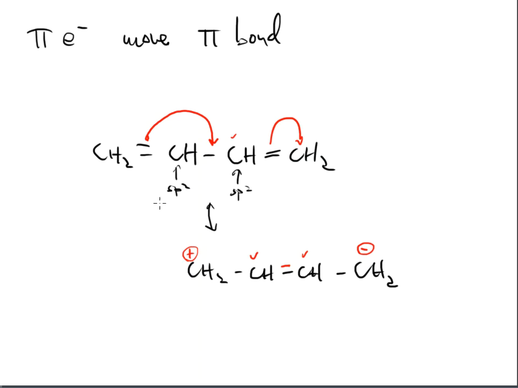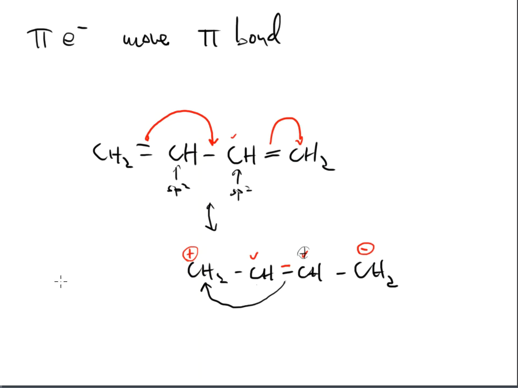Because look at what happens here. Rule number 1 said an sp2 carbon, and we have it, moves toward a neighbor positive charge. When that happens, a positive charge happens here, and folks, that negative and positive will be attracted to reform that double bond.